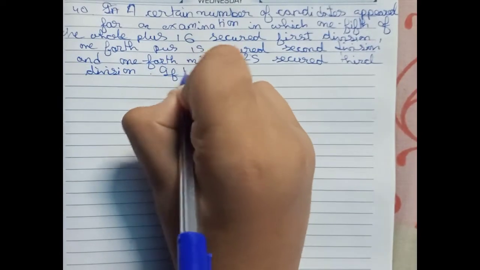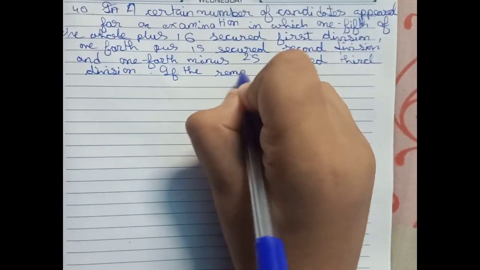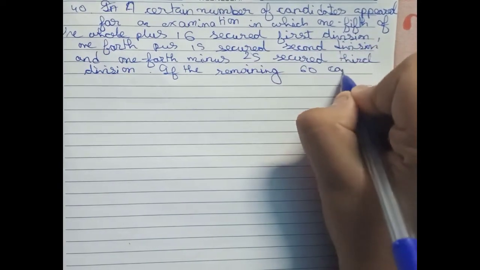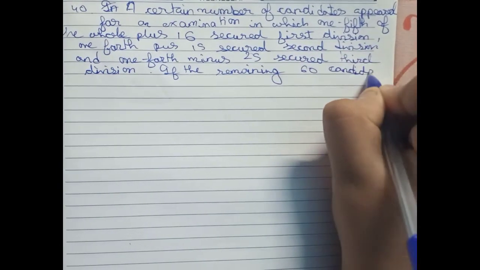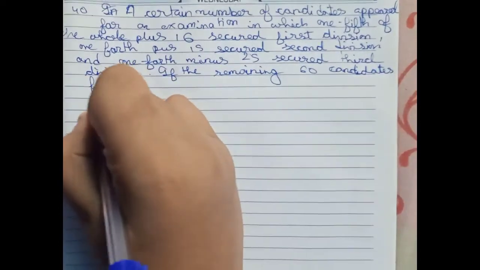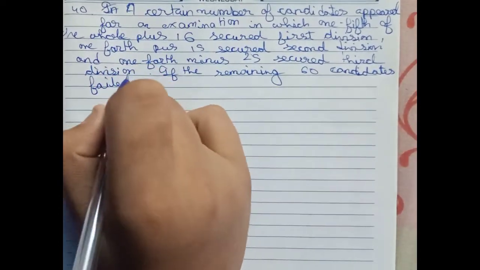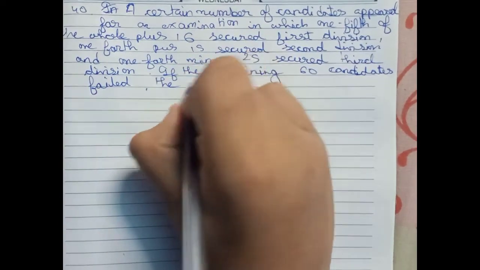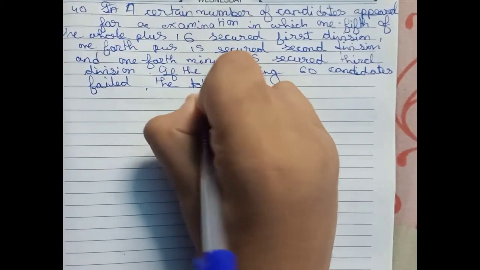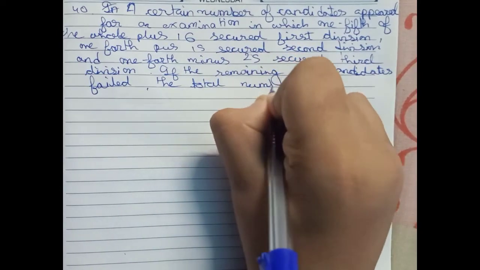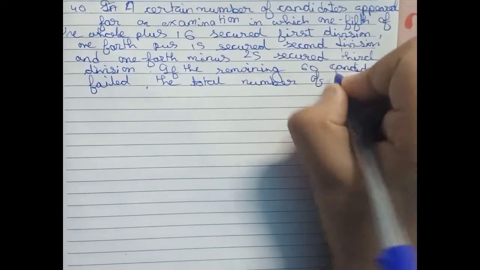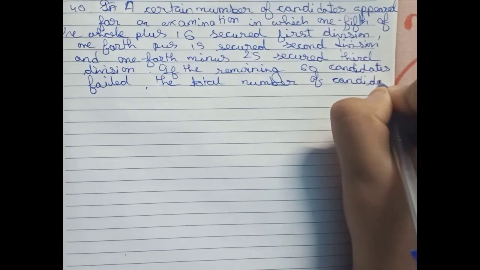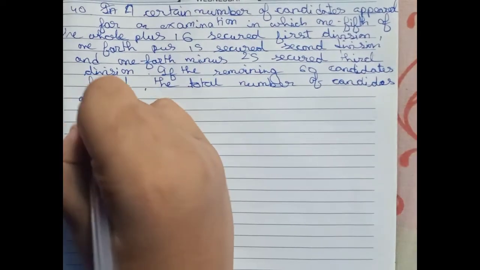If the remaining 60 candidates failed, find the total number of candidates appeared.